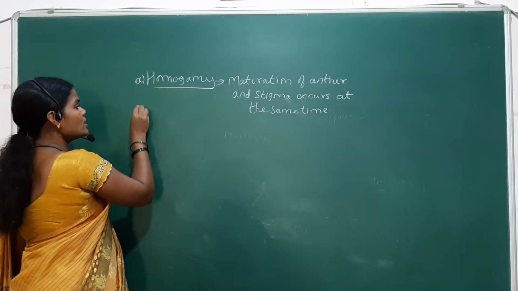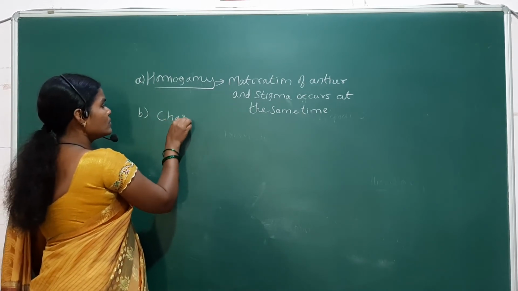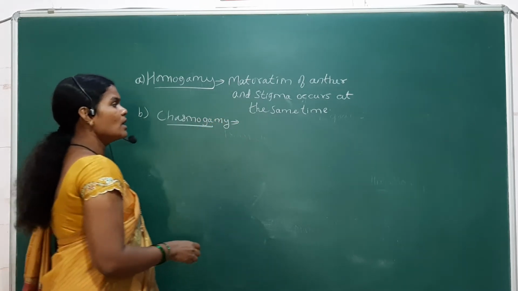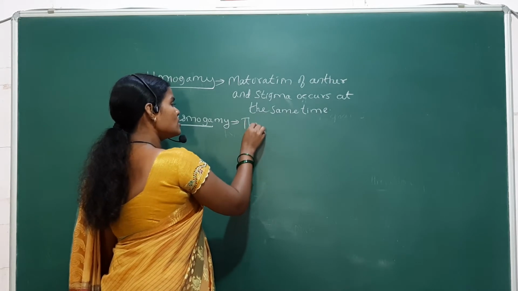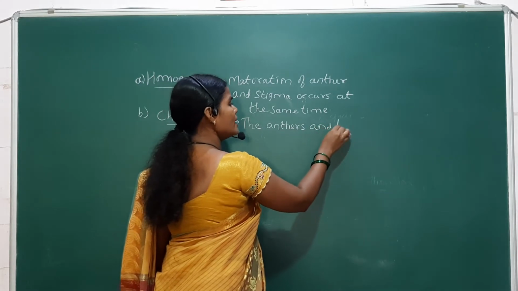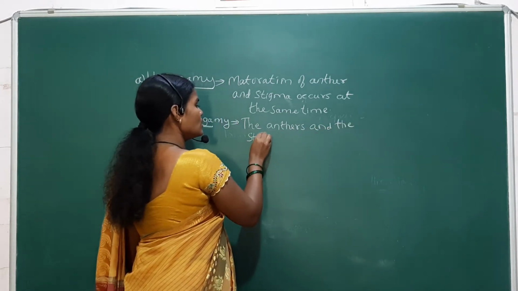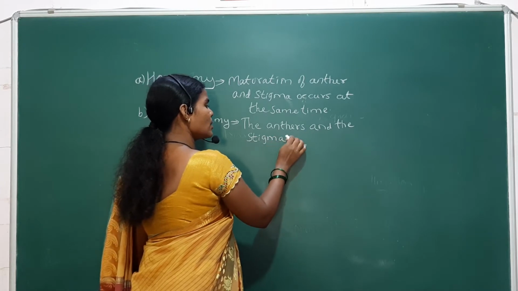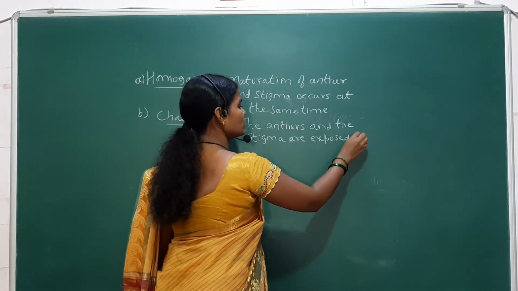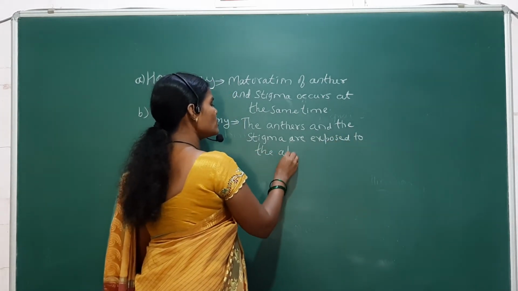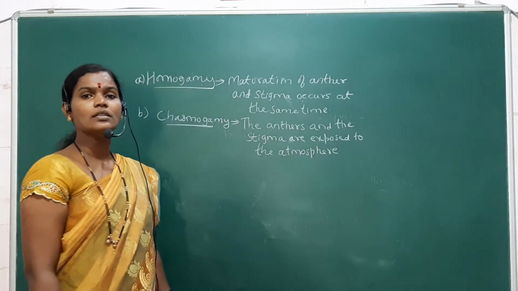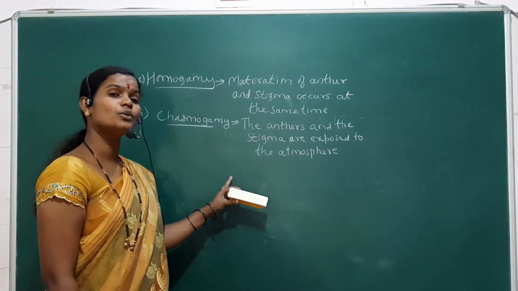The next condition is chasmogamy. Chasmogamy means the anthers and the stigma are exposed to the atmosphere.